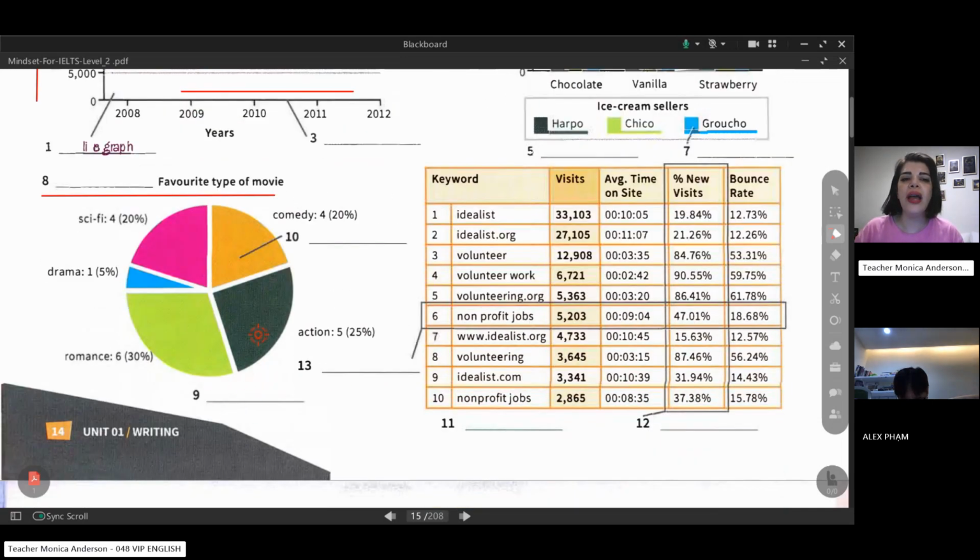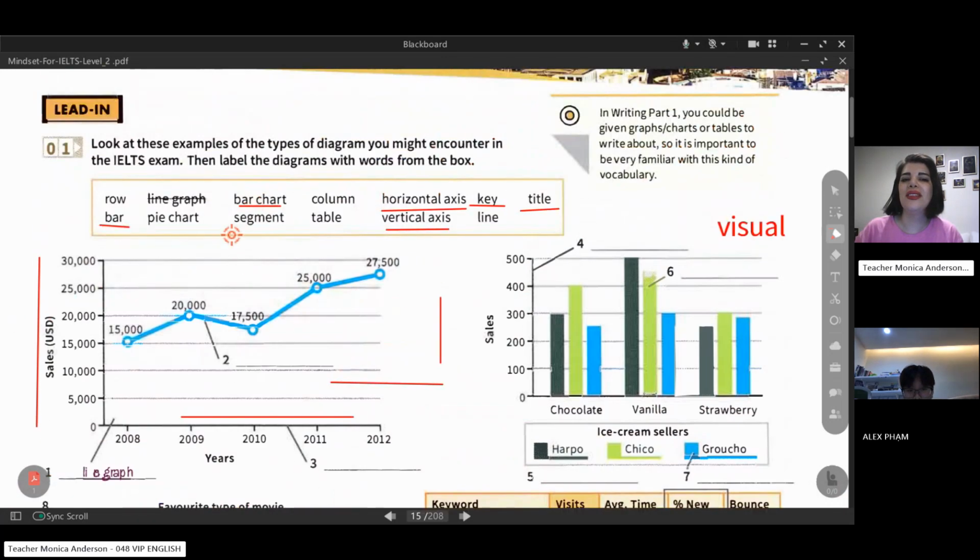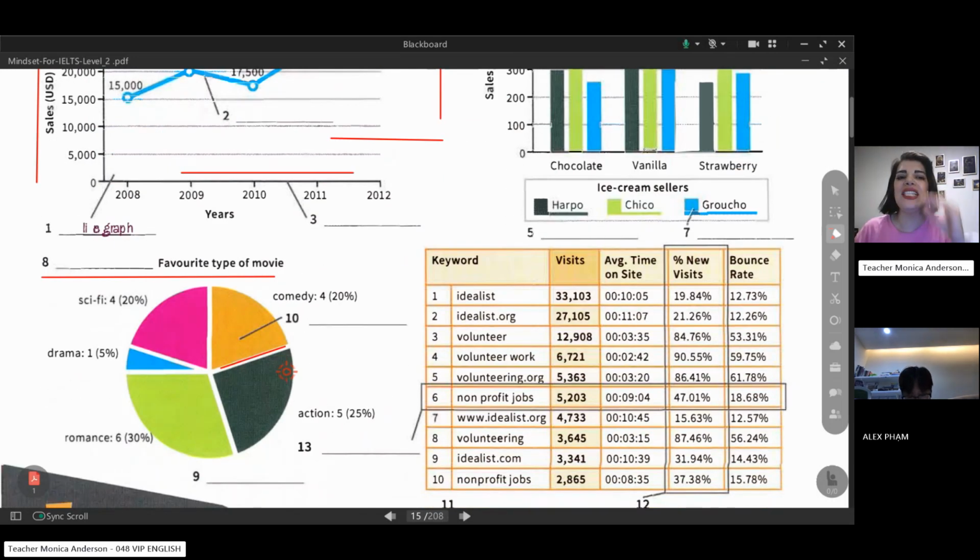And number 9 is a pie chart, very good. And each part is called a segment. So in a pie chart, every section is called one segment.